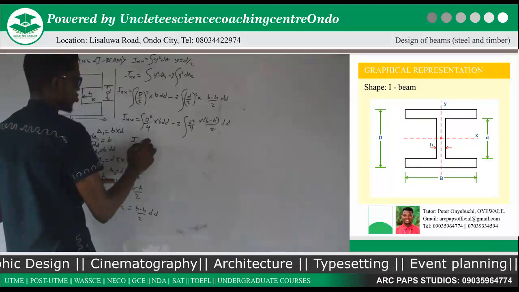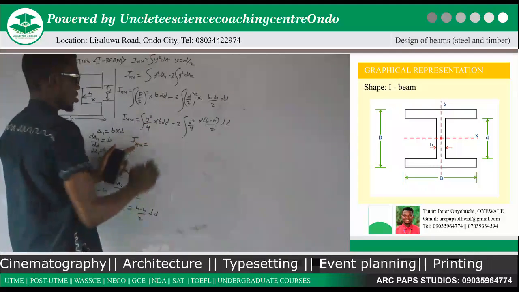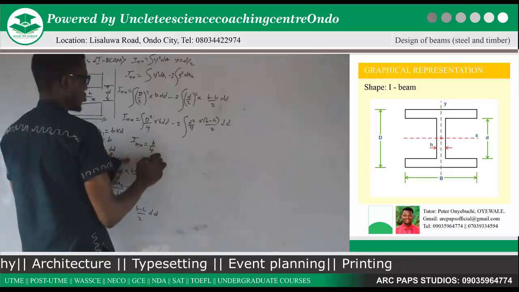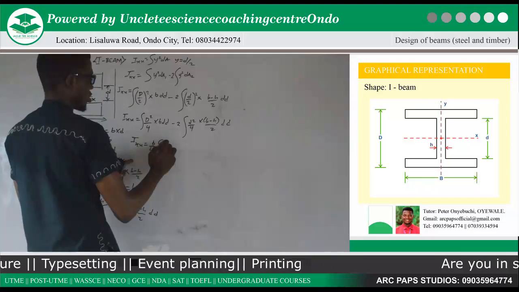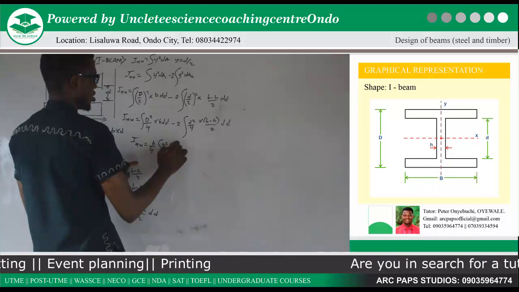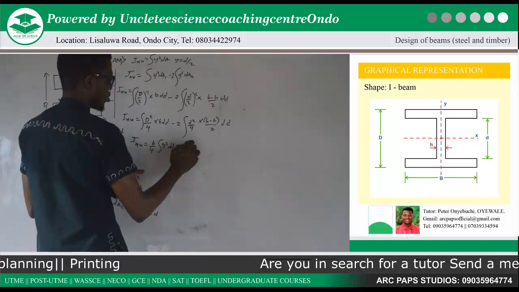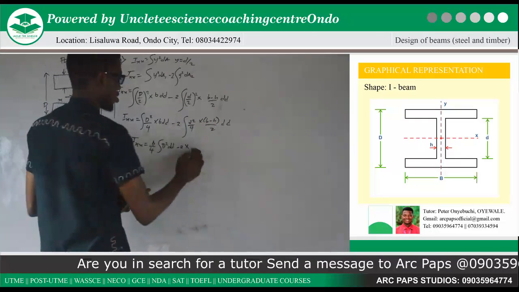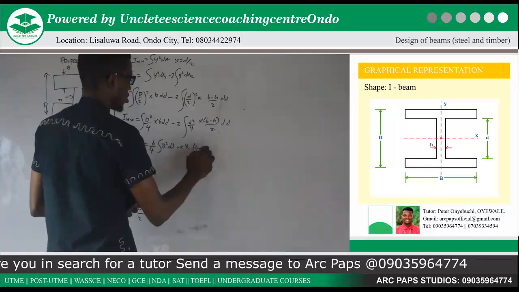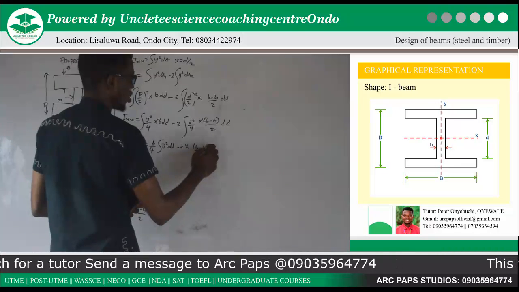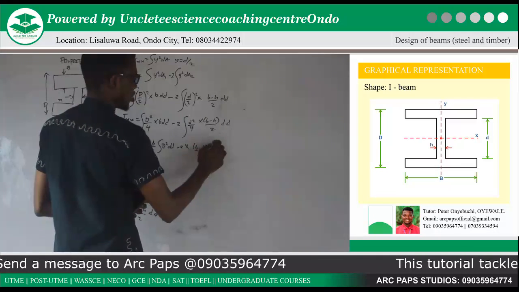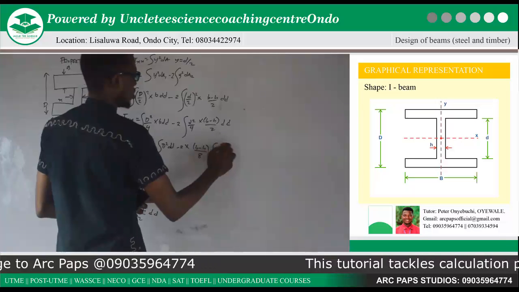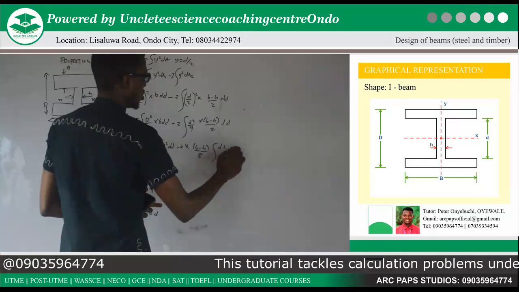Now our Ixx will then give us, we can bring out b over 4 as a constant, integral d squared dD minus 2, we can bring out b minus h over 8 as a constant. It will remain integral d squared dD.